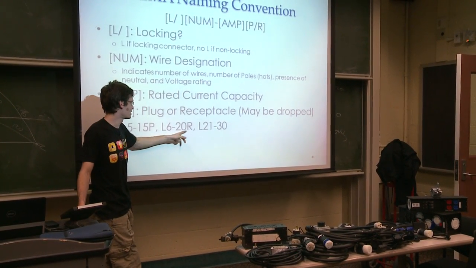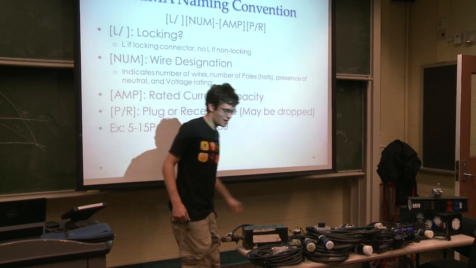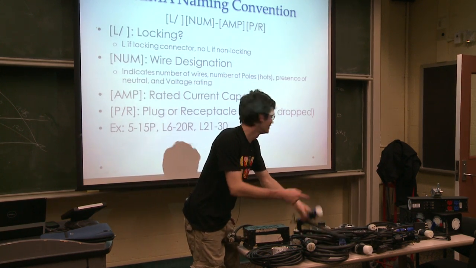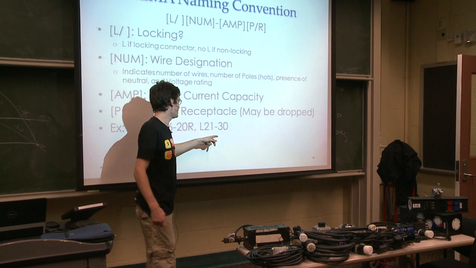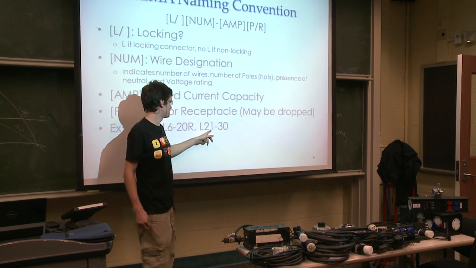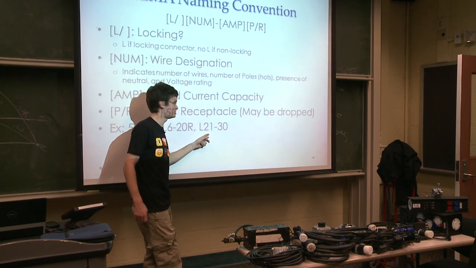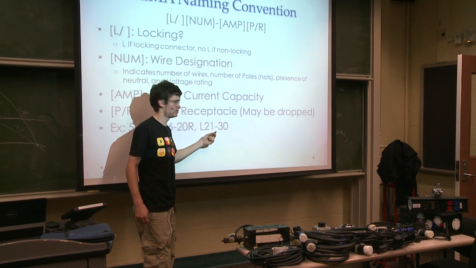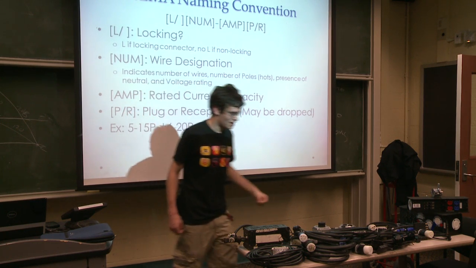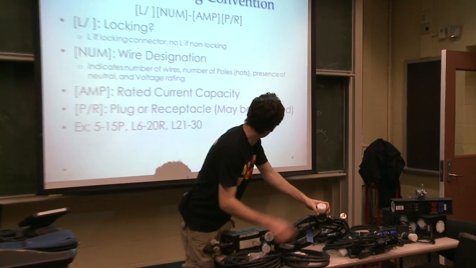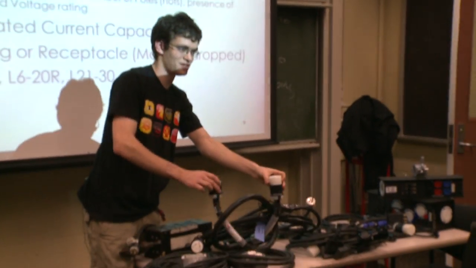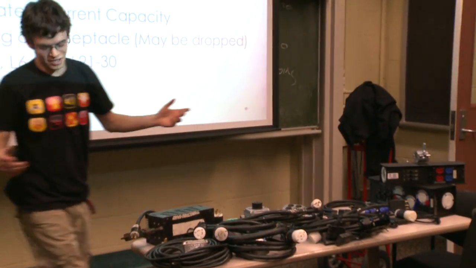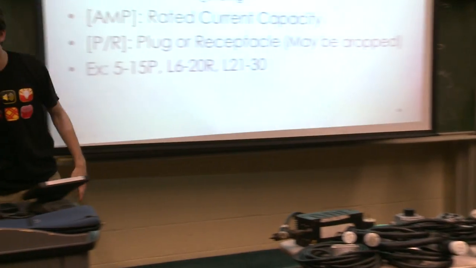The cable is rated for 20 amps, and it's a receptacle. And that looks like this. And L2130, so locking. 21 means 3 120 volt hots, a neutral and a ground, 30 amps. And that guy looks like this, and I dropped the P or the R, so it's either one of these guys. It's ambiguous because you're talking about the connection as a whole, not an individual piece of hardware.